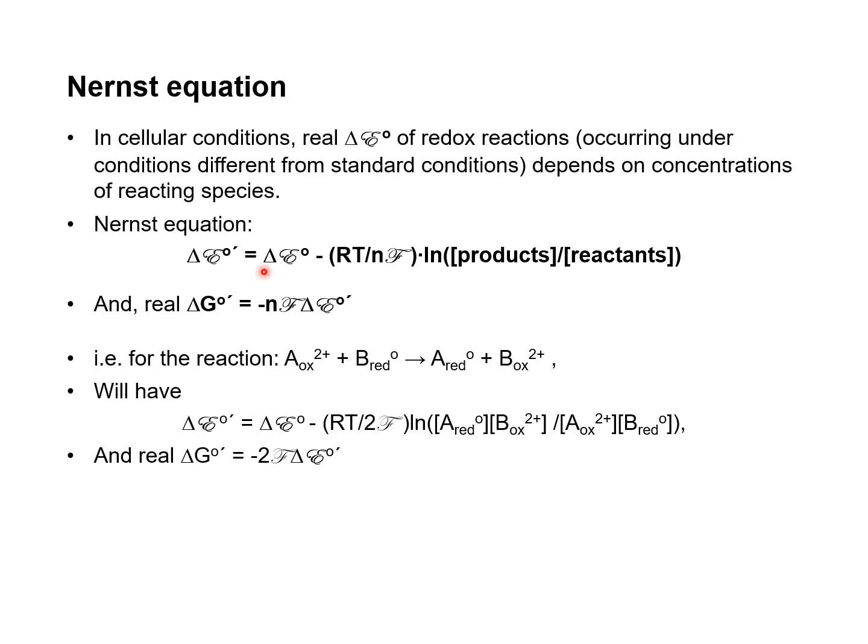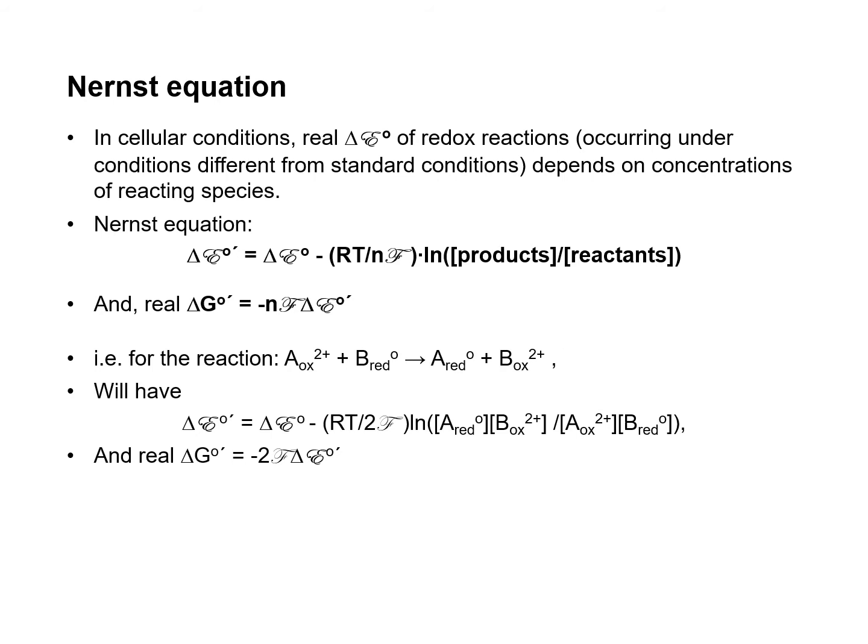It uses delta E naught minus RT divided by nF multiplied by ln of the ratio of the concentration of the products to the concentration of the reactants. Then delta G naught prime is, in the same way, minus nF multiplied by delta E naught prime, which we got right here from the Nernst equation.